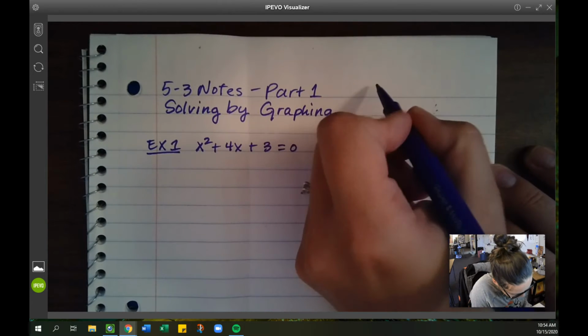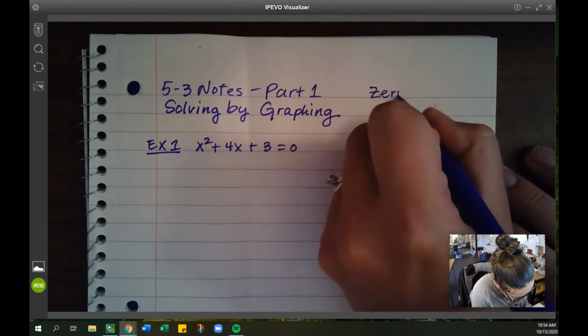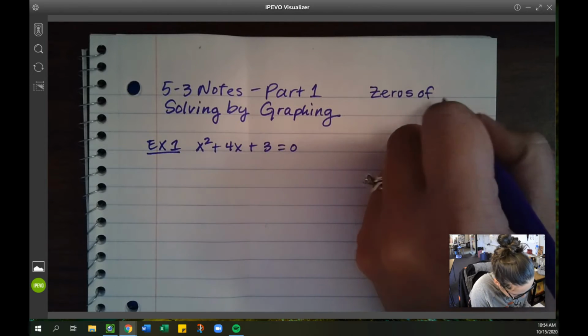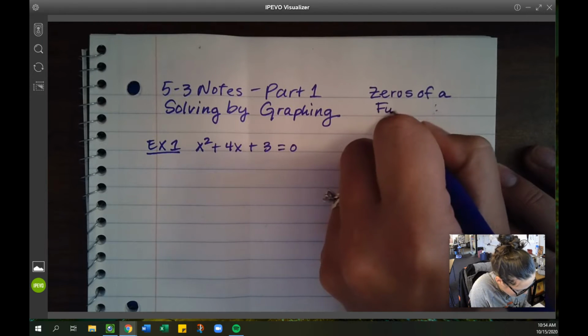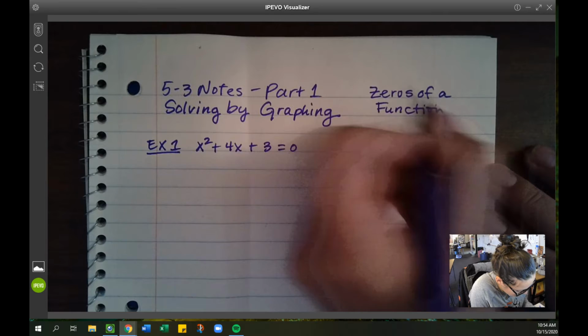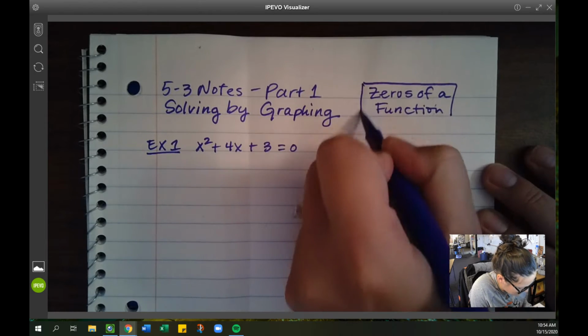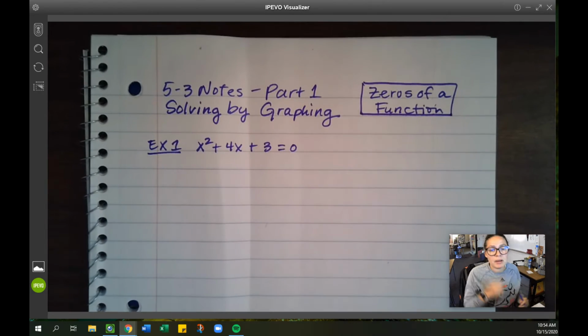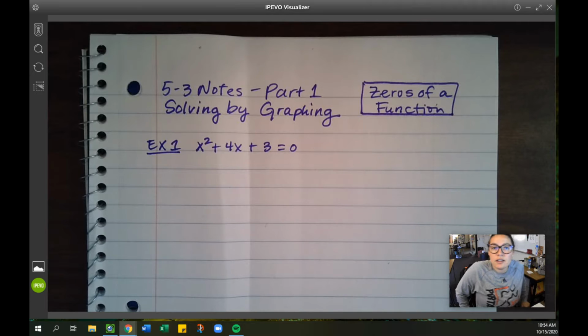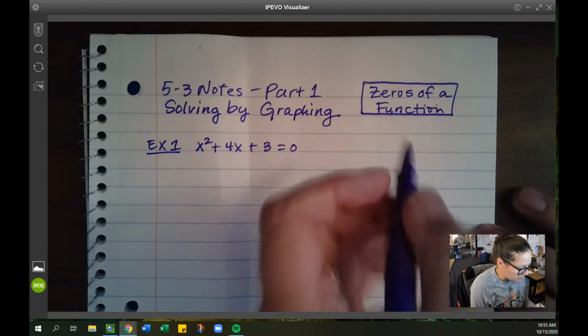So this is a new idea that we have, the zeros of a function. This is something that you need to know, and it's going to come up again and again and again, not only for the rest of Algebra 2, but also in later math classes.